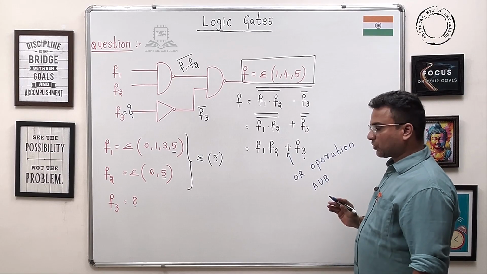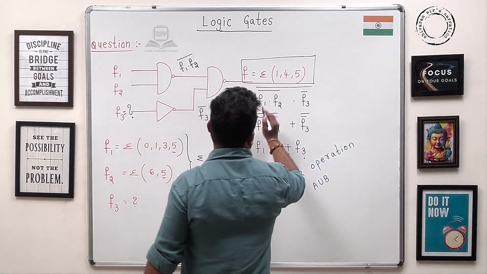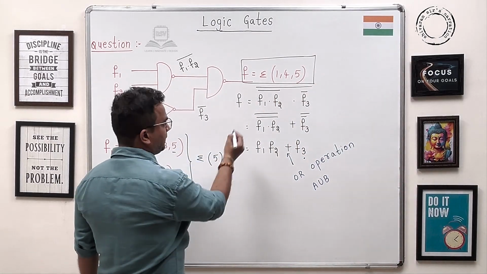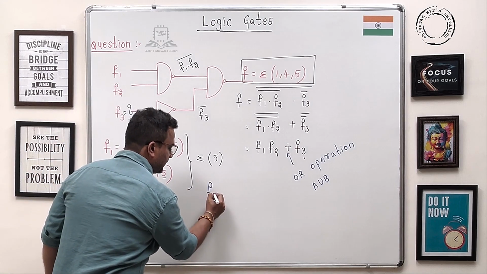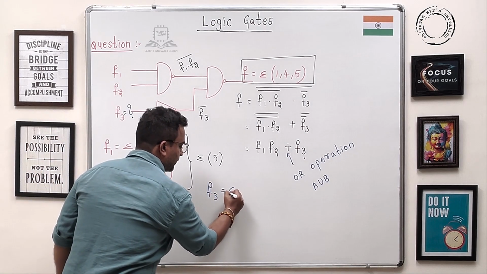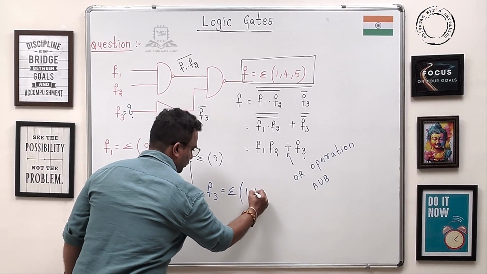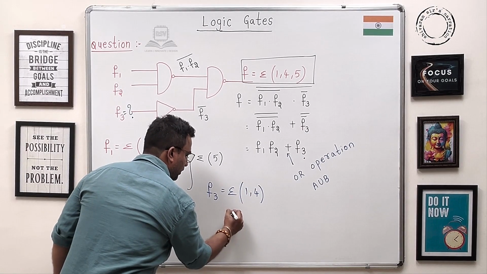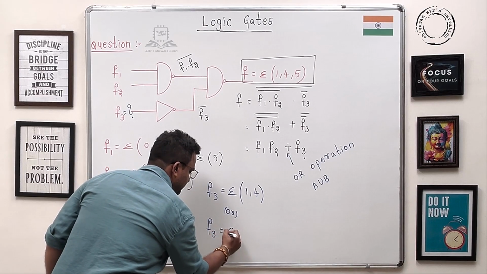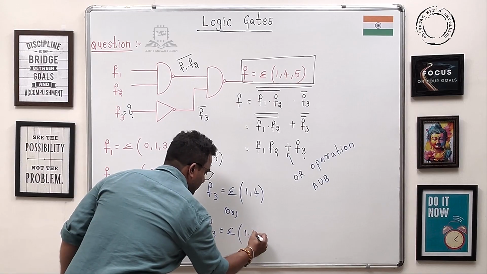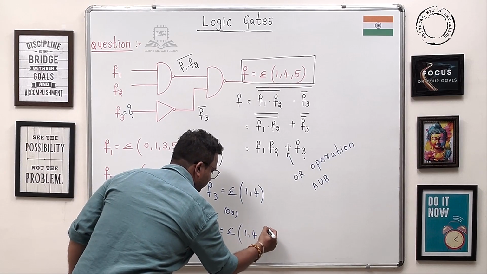Okay, so here we need 1, 4, 5. Anyway, 5 is present, so F3 must be either 1, 4 or even F3 = sigma of 1, 4, 5.